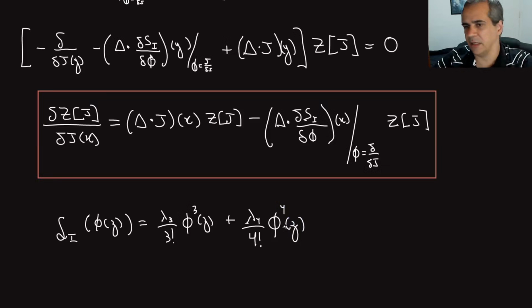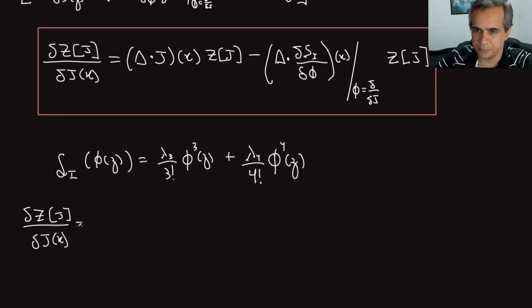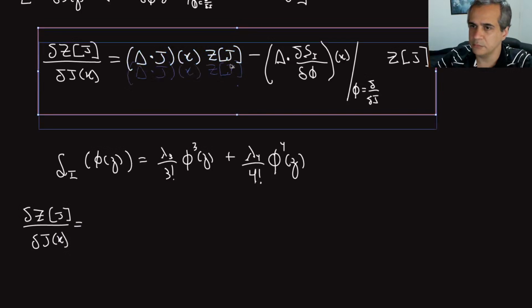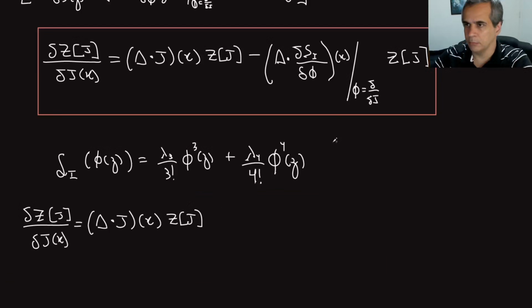In this case, I can go back here and write that del z over del j of x is, this part is the same, does not depend on the interaction, but now this part I want to write more explicitly.